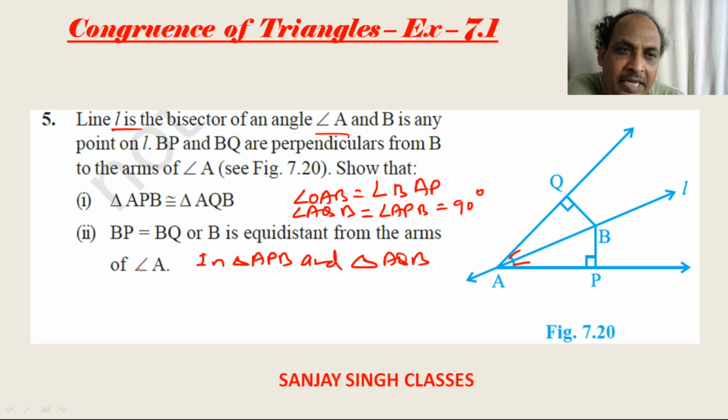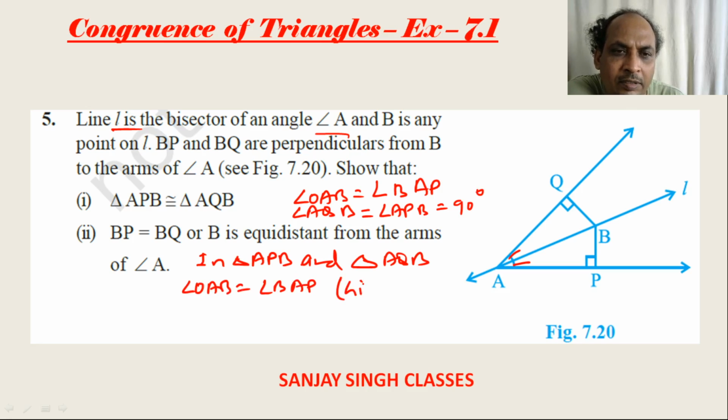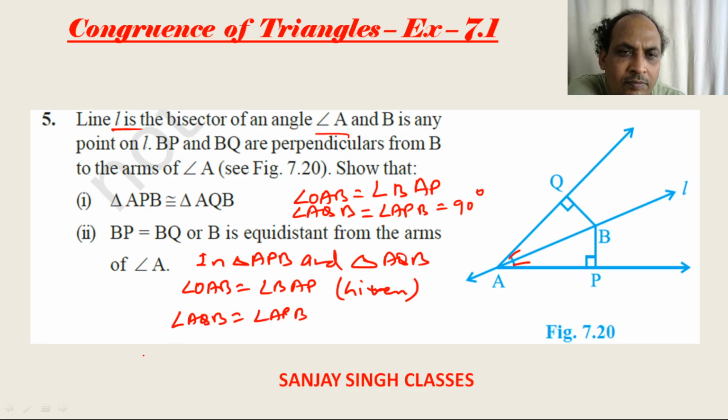So we can make AB as common, right? And two pairs of angles are also equal. Then we can use angle OAB is equal to angle BAP, given, and angle AQB is equal to angle APB. Okay, first we will be writing for triangle APB.